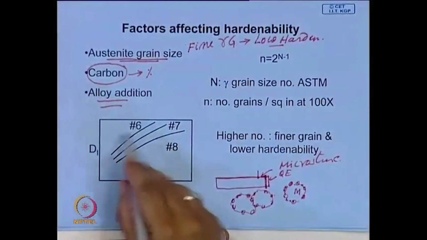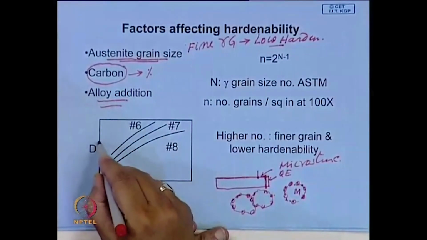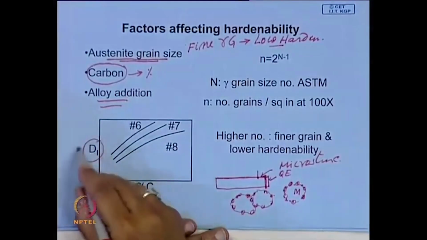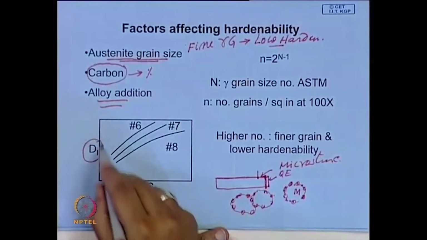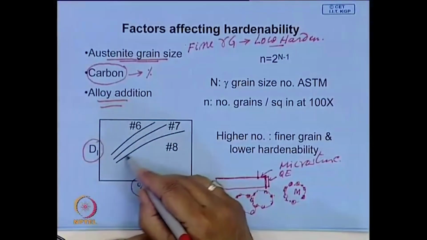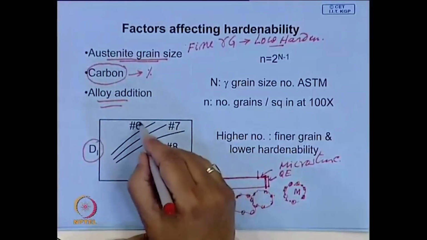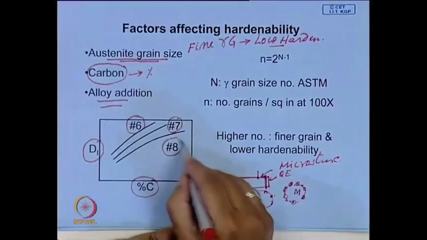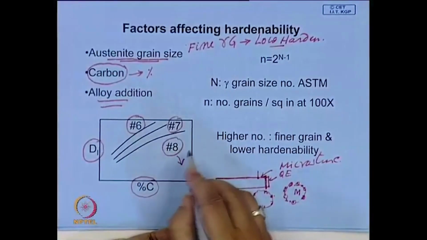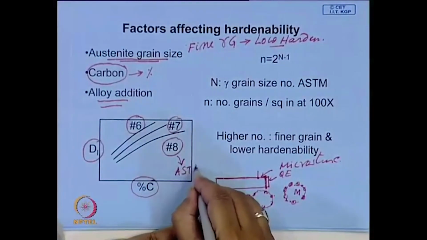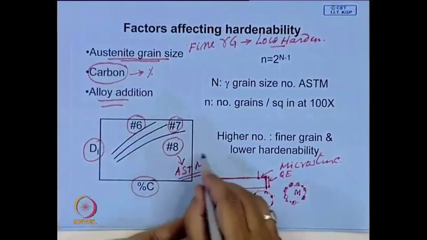So, to sum up, hardenability is defined in terms of ideal critical diameter. If you generate a plot of this ideal critical diameter against percentage carbon, you may be able to generate such plots, and here we have put certain numbers. Austenite grain size is defined in terms of numbers called the ASTM grain size number.